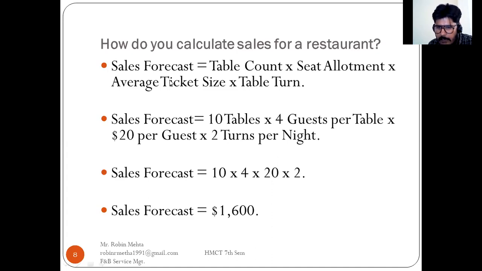This is the calculating formula. You can put any kind of numbers: where we are putting 10, you can put 20. For 4 guests, you can put 3 guests, or 6 guests on average. And for per guest, you are charging 50 dollars, and for the times you are repeating that table, you may put 4, 3 or 6 times, that all depends.